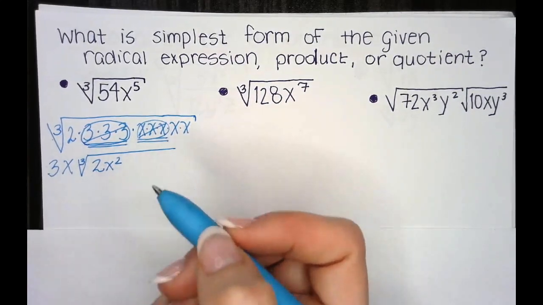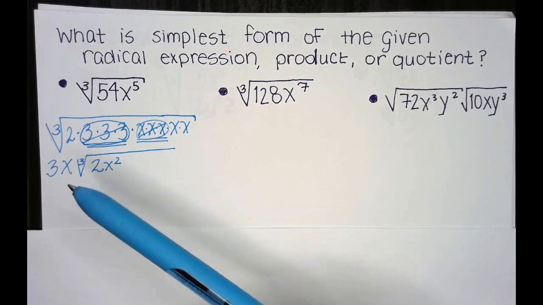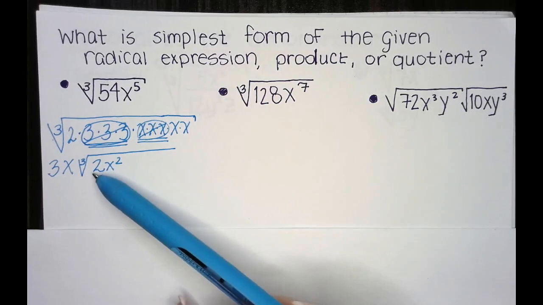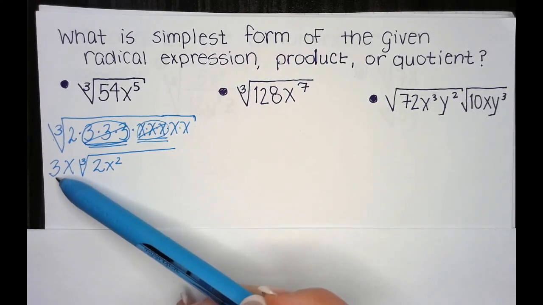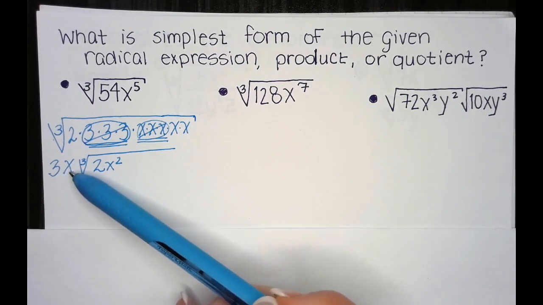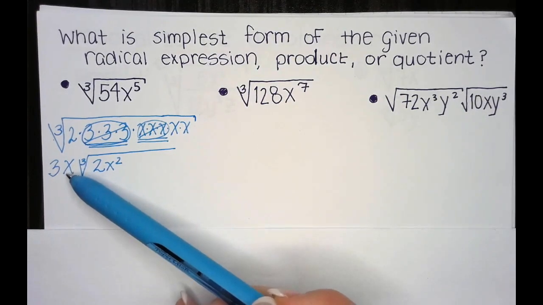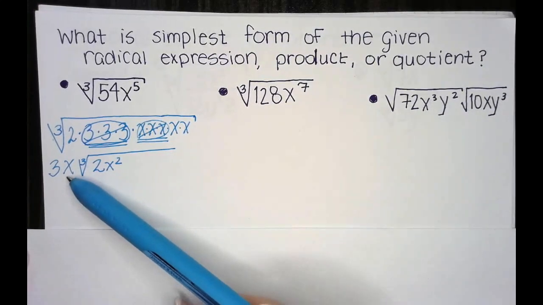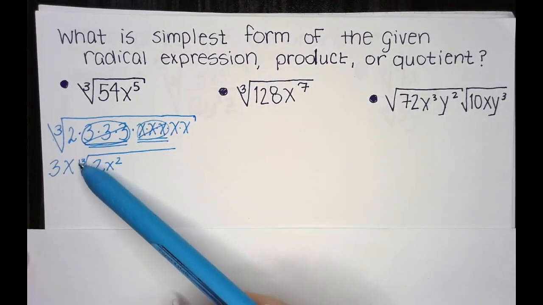Something else that comes into play here is that x is a variable, while 2 and 3 are constants. 3 is positive 3, and that's what it is. It's a given set value. Where x is a variable and can vary and change, constants stay the same. x can be anything. So if x can be anything, is that safe to say? Because I'm going to take the cube root.